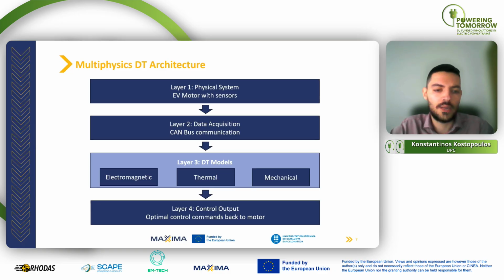And then we have layer number 4, which is basically the control output. And here the optimal control commands flow back to the motor controller using the CAN communication protocol. So we have, let's say, a closed-loop system.